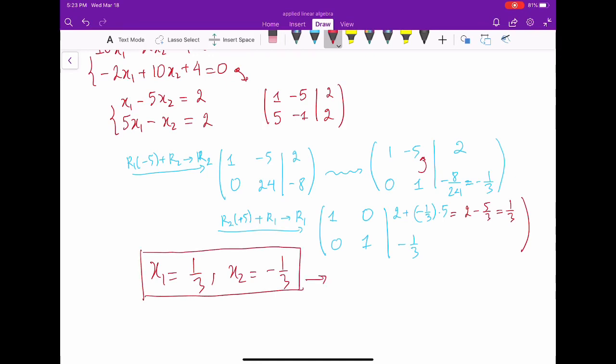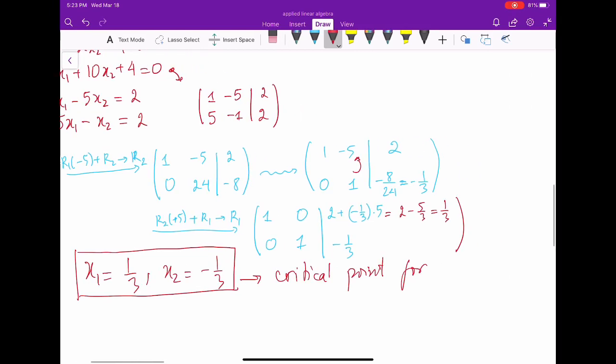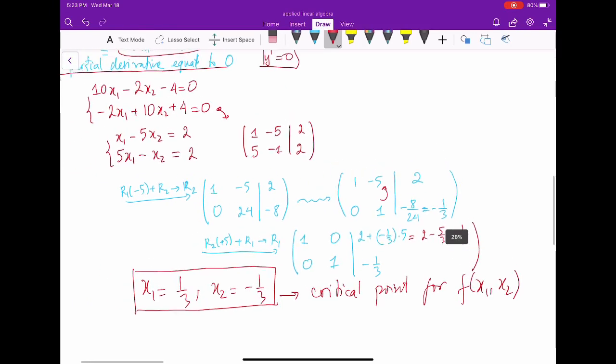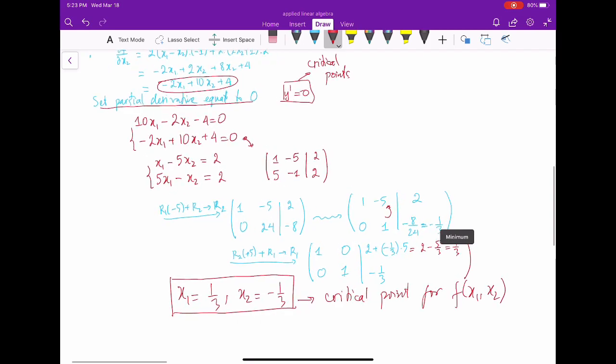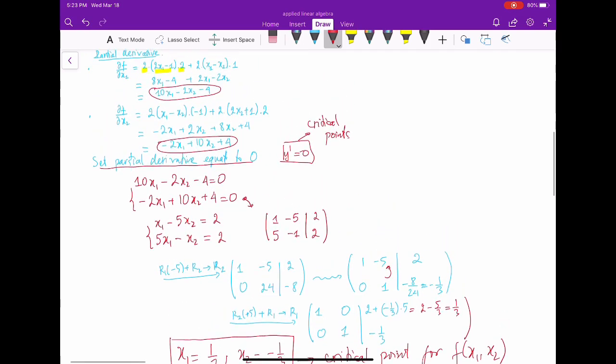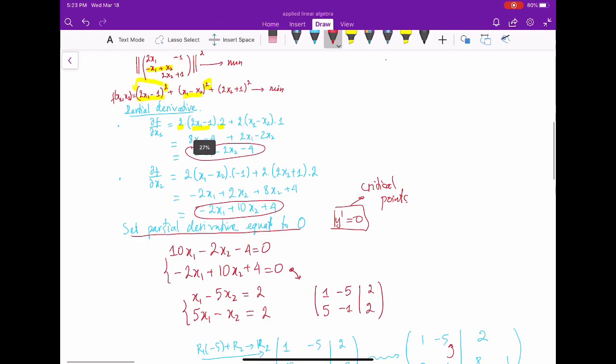And this is the critical point for the function f of x1 and x2. We took a long way, but actually the only thing we need to do is find the partial derivatives correctly. You see that?